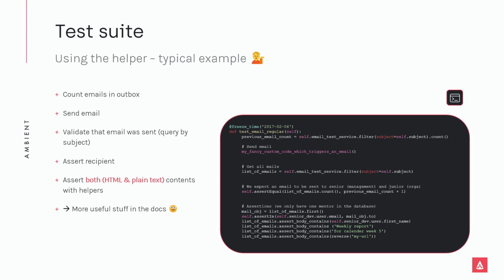And what it does is, at least the way I use it, you wouldn't compare the whole template, but you would just look for certain key elements. For example, the salutation, is the title correct, as I said, some certain keywords would be in there. And this will automatically check the HTML part and the plain text part for you, and will just complain, hey, here something is off, if something is off.